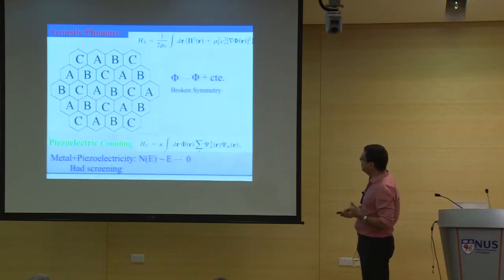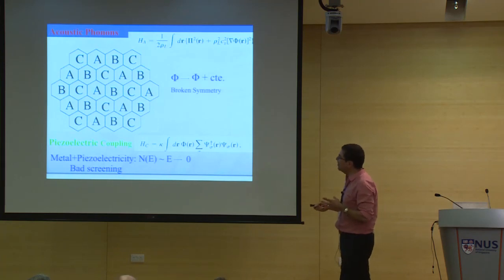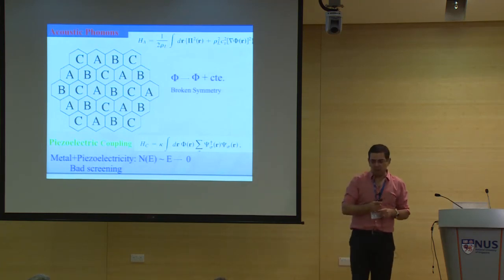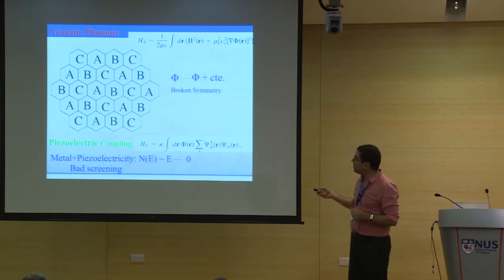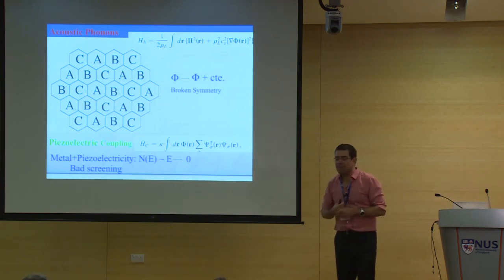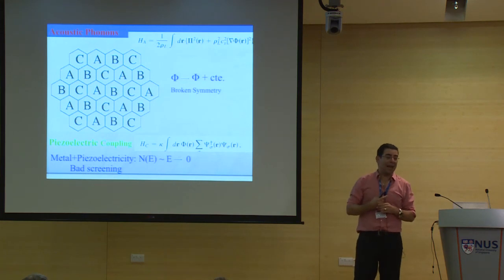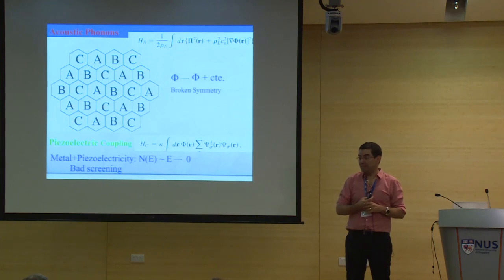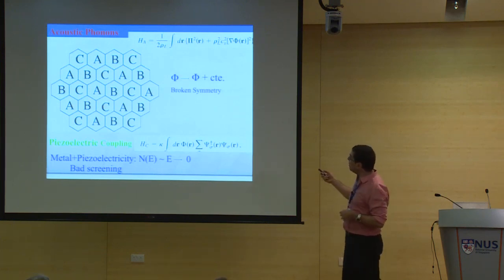And the thing is based on this idea that you have a broken inversion symmetry. So when you have a broken inversion symmetry, by symmetry, you are allowed piezoelectric coupling, because you broke the inversion in plane. Okay? So essentially, you can couple directly, say, the acoustic phonons to the electrons linearly like that.